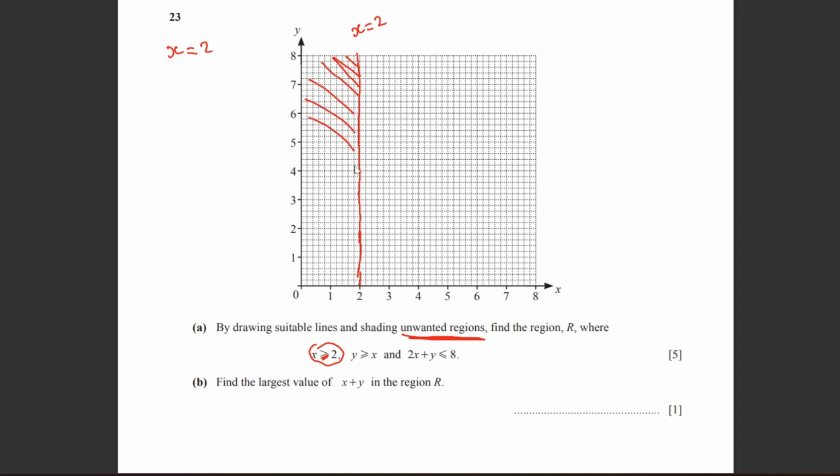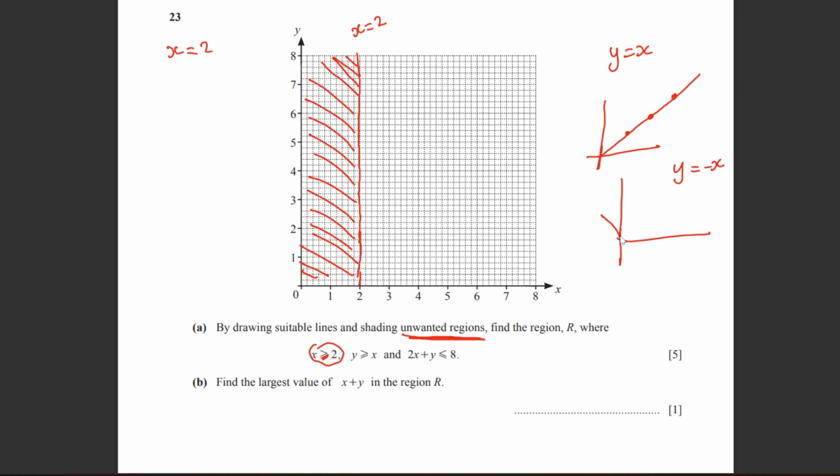Then y greater than or equal to x. y equals x is a line which passes through 1 and 1, 2 and 2, 3 and 3. And by the way, if y equals negative x, it will be the line passing through negative 1 and 1, negative 2 and 2, and so on.